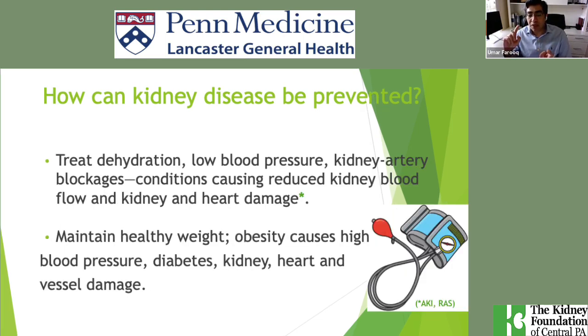If somebody is obese or overweight, they need to lose weight, because that also helps the kidney to recover. And if somebody is dehydrated and they take some medication, or have other heart and lung conditions, they need to address their dehydration sooner, before there's a lot of damage done to the kidney.